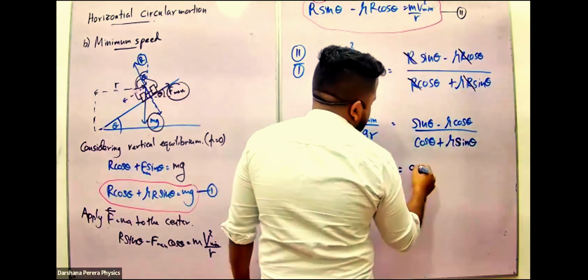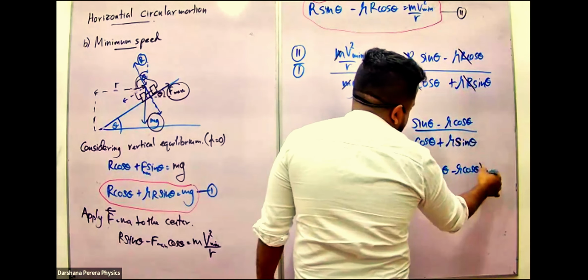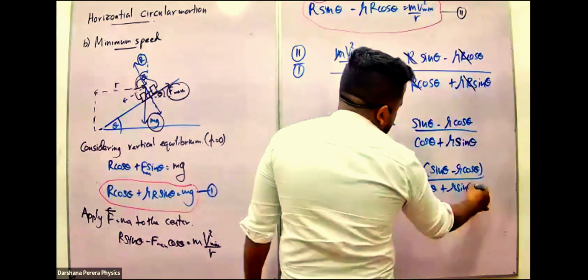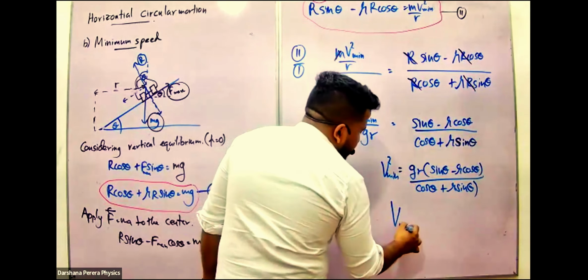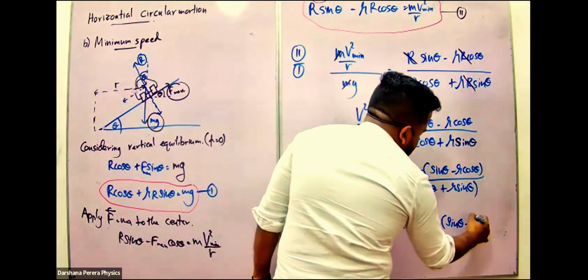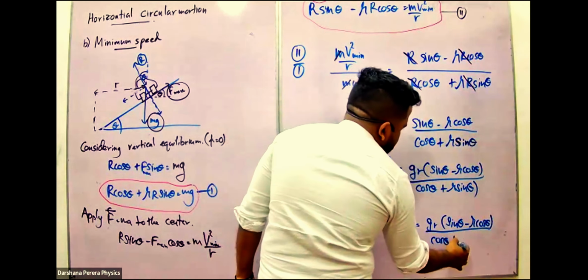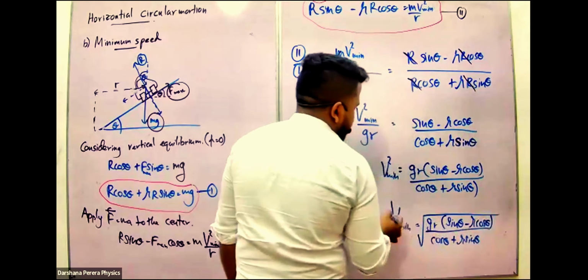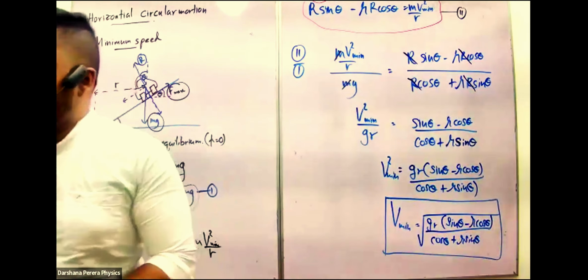That means v square min equals g r (sin theta minus mu cos theta) over (cos theta plus mu sin theta). So v min equals the square root of g r (sin theta minus mu cos theta) over (cos theta plus mu sin theta). This is the equation. Okay.